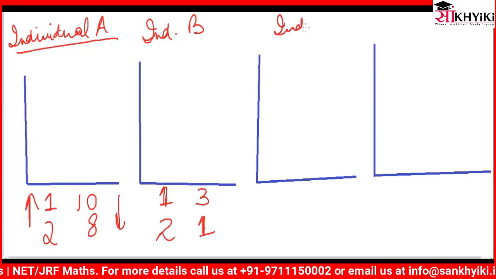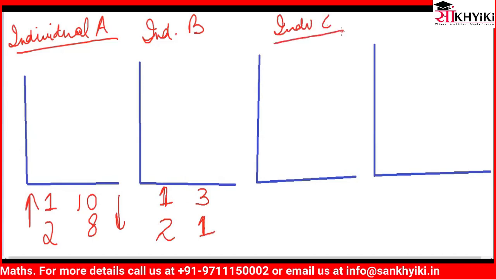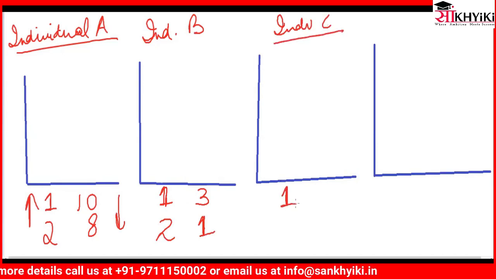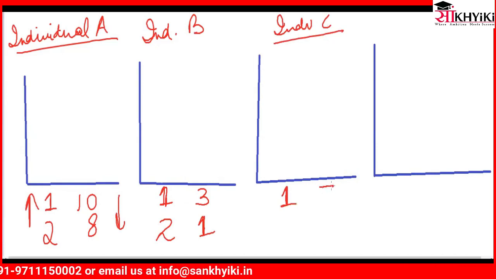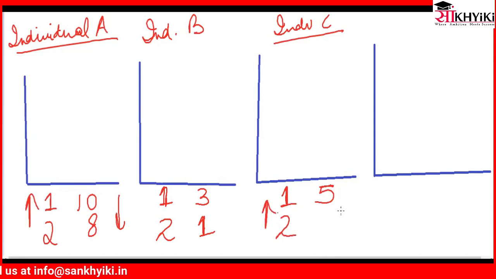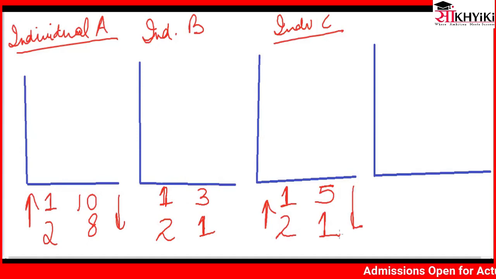I have individual C. At price 1, individual C demands 5 units, and at price 2, as price increases, demand decreases, so it comes down all the way to 1 unit. He's too sensitive to the price. So an increase in price really decreases his demand.